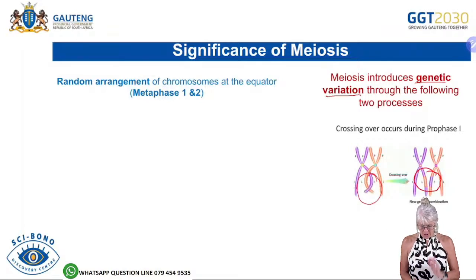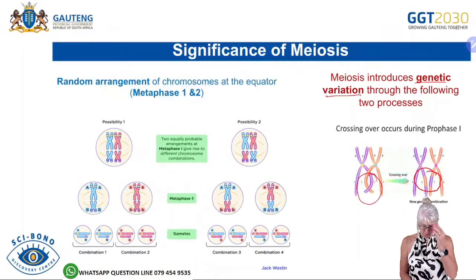If we have a look, we can see there are different possibilities, and they've just shown 2 possibilities here, where we see how the chromosomes have lined up, and we have a look at the gametes at the end. And possibility 2, we have a look. Now, just out of these 2 possibilities, we end up with 4 different combinations of gametes. So can you see how it creates genetic variation?